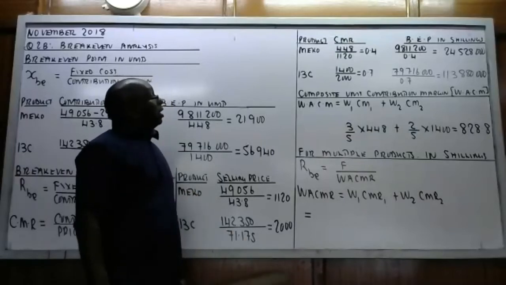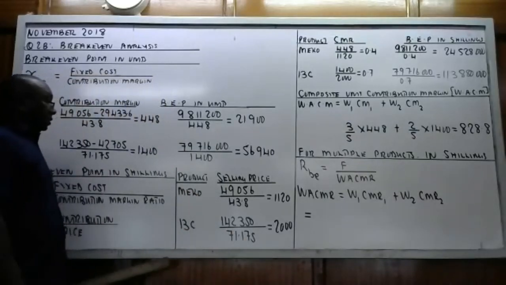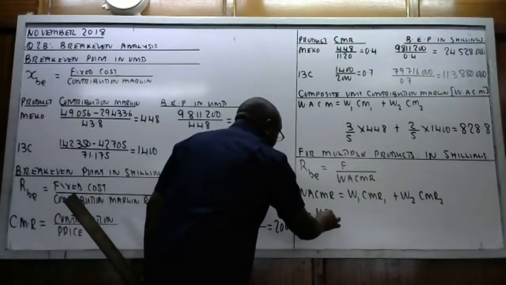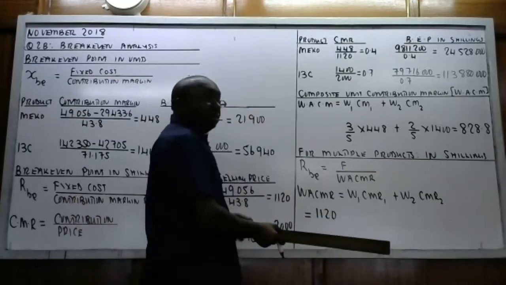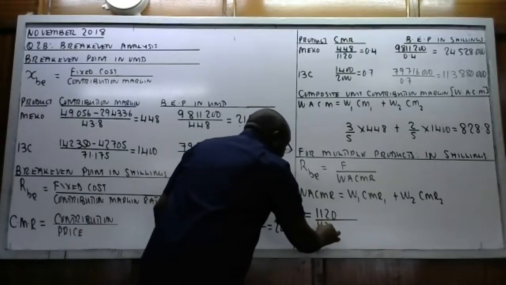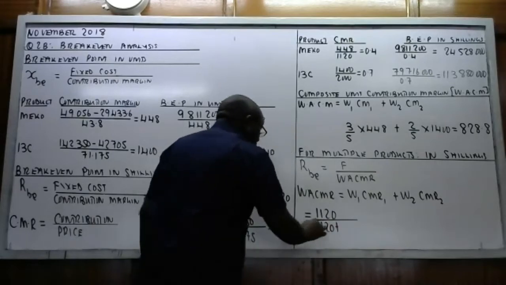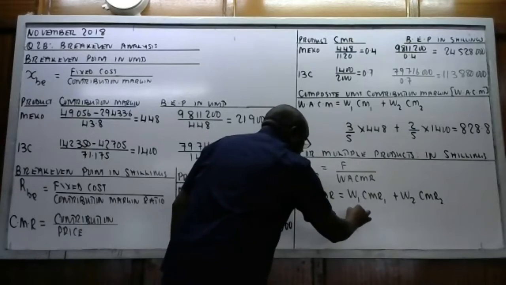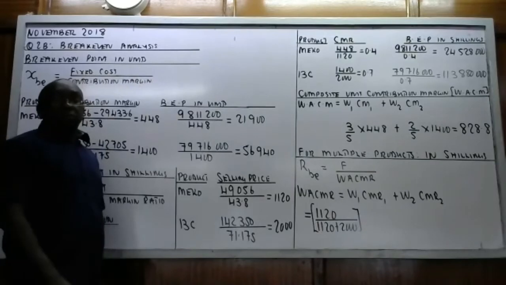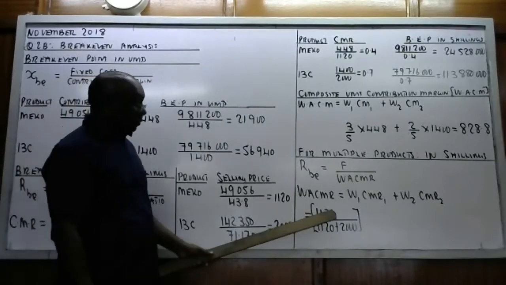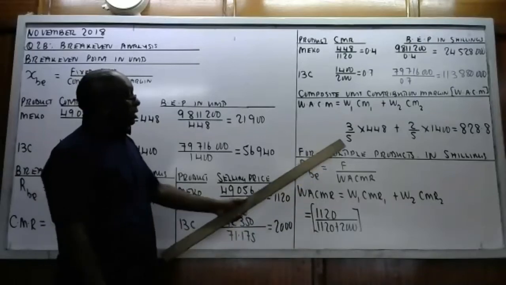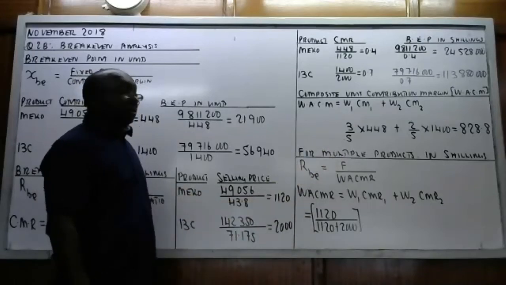So the selling price of 1 MECO is 1120. If we sell one, we get 1120. And if we sell the other one, 13C, we get 2000. So that is how you get the ratio. The weight is now in terms of money, not in terms of units like we had here.